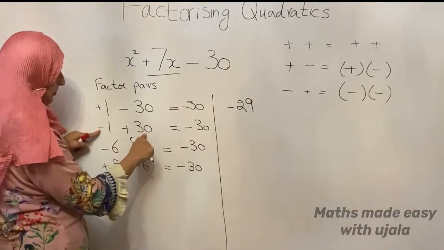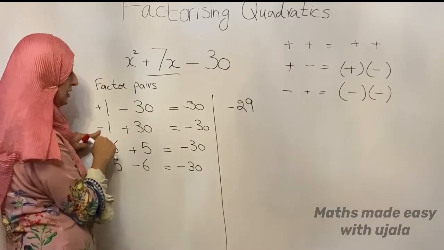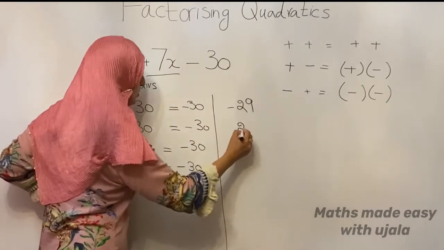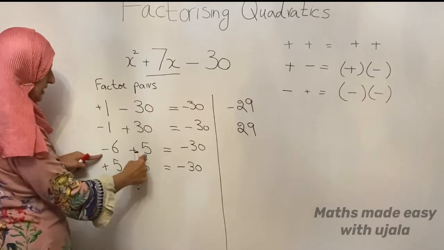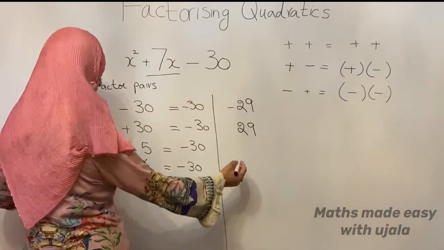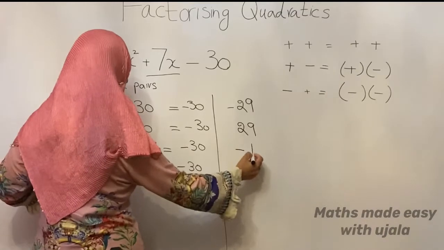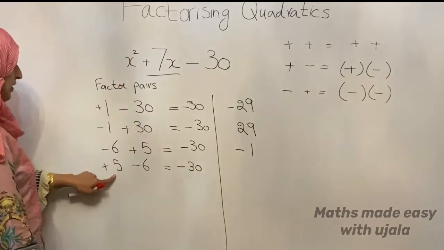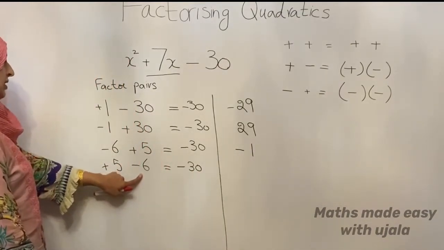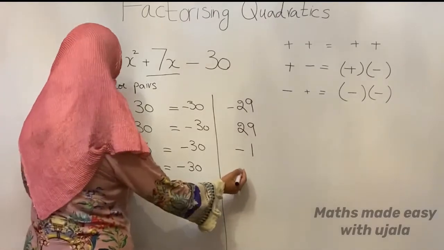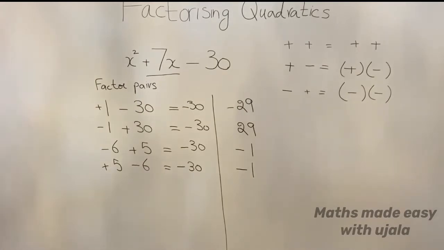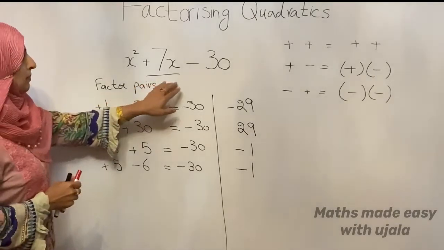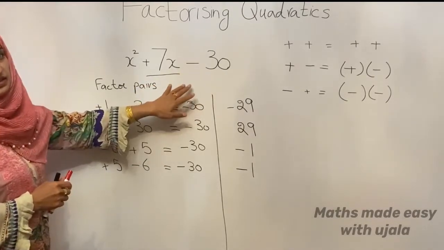Minus 1 plus 30, plus and minus, take the sign of the bigger number, so again 29. Minus 5 plus 6, the answer is minus 1, and plus 5 minus 6, again the answer is minus 1. So we have to find the pair in which the product is minus 30 and the sum is plus 7.